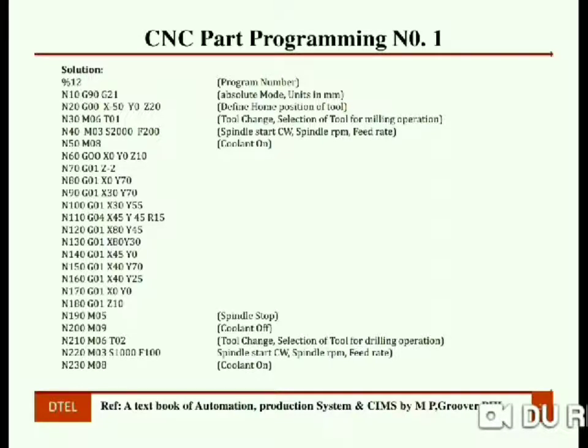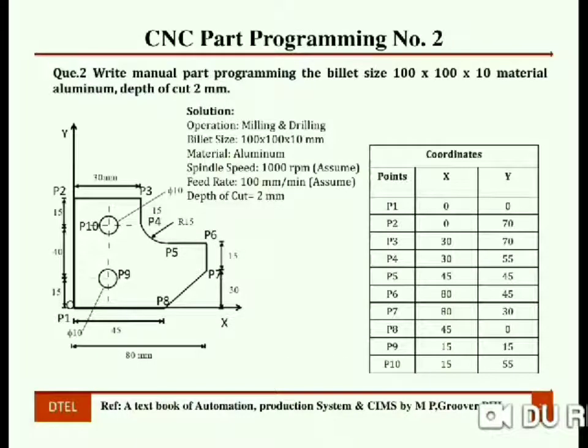So G01 linear interpolation in the downward Z direction, Z minus 2. Then the tool should move from P1 to P2 position. We can see from this diagram it is a straight path. So we have to use G01 for linear interpolation.